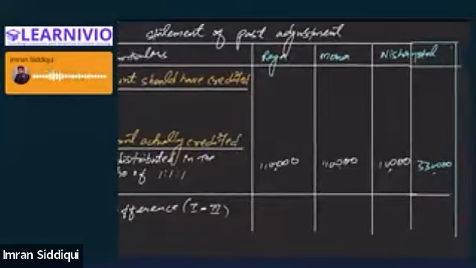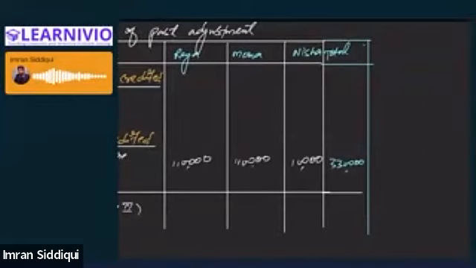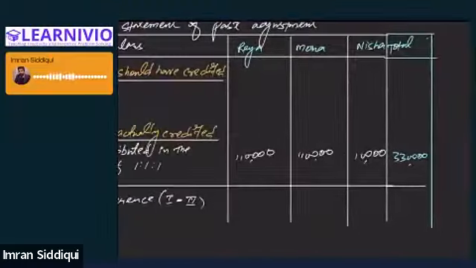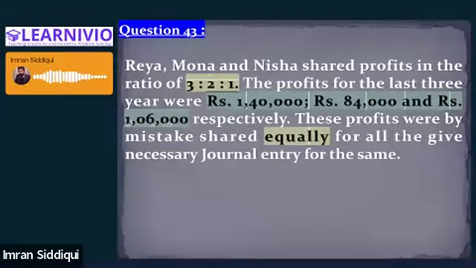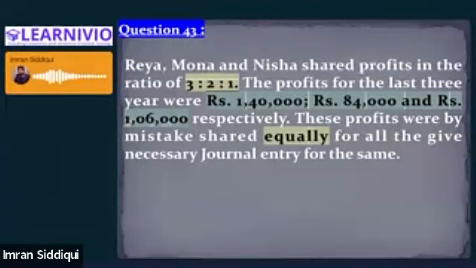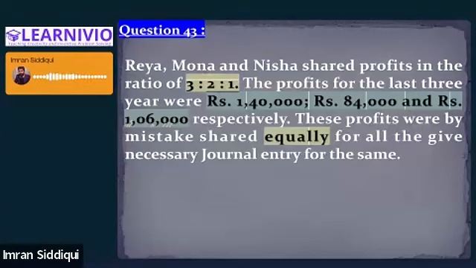Now tell me whether this 3,30,000 should have been distributed in the equal proportion. The answer is no. It should have been distributed in the profit sharing ratio of 3:2:1. If 3,30,000 had been distributed in the ratio of 3:2:1, then how much profit would each partner have actually got?